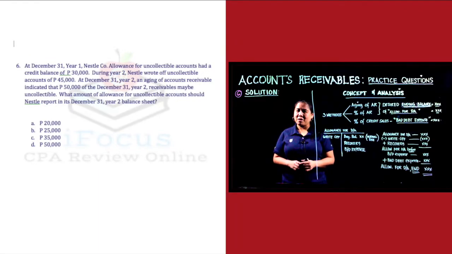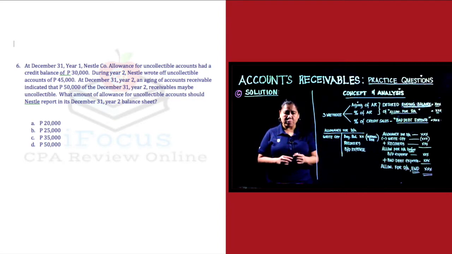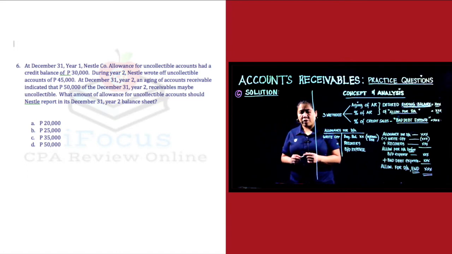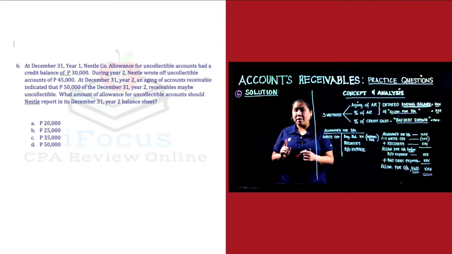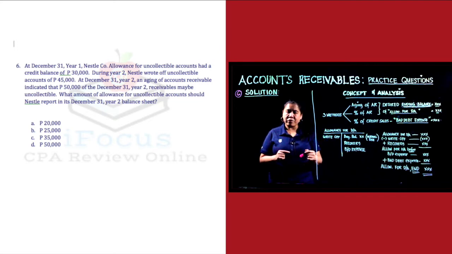Alright, question number 6. So, the requirement on question number 6 is, what amount of allowance for uncollectible accounts should Nestle report in its December 31st year 2 balance sheets? So, anong hinahanap ng problem? Ang hinahanap ng problem ay yung ending balance ng allowance for uncollectible accounts ng December 31st year 2.